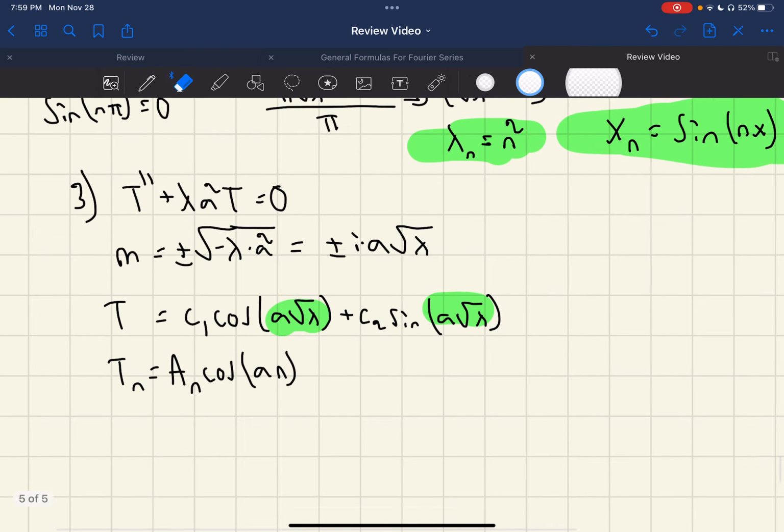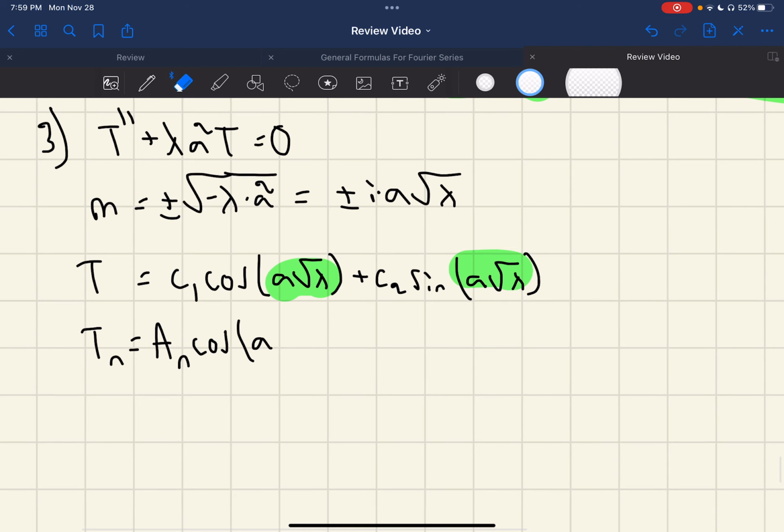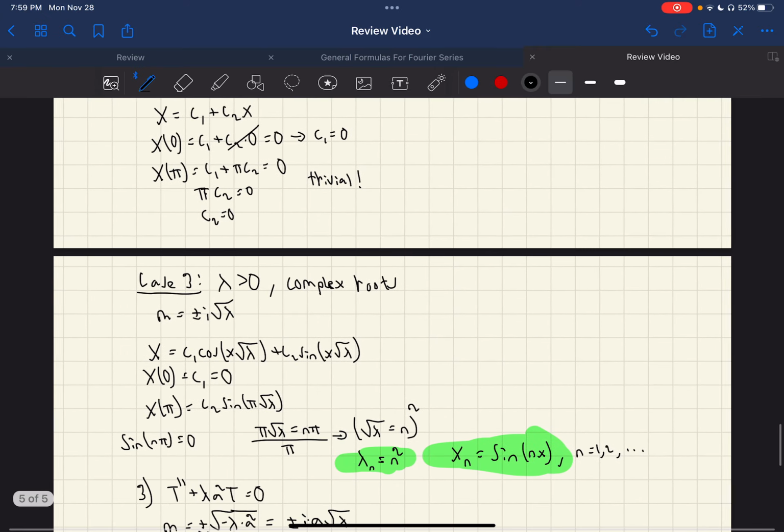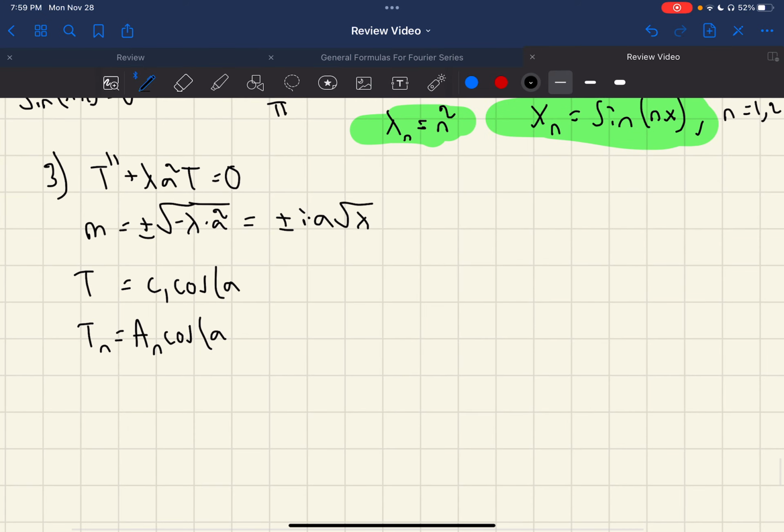I forgot the t. Made a big mistake. So when we did our X ODE, we had an x inside, but here we're going to have a t because our function's with respect to t. You rewrite that.